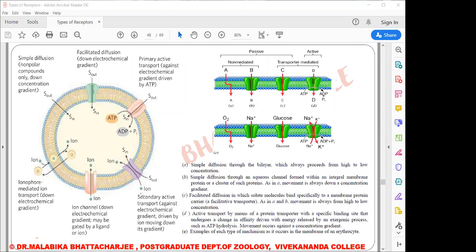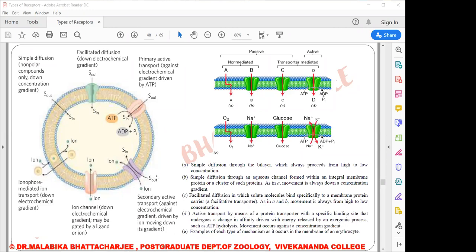Because of the movement of the ion from a higher to a lower concentration, a solute is being moved from the lower concentration to a higher concentration. So the movement of the ion along the electrochemical gradient is favoring the movement of the solute simultaneously against the electrochemical gradient.